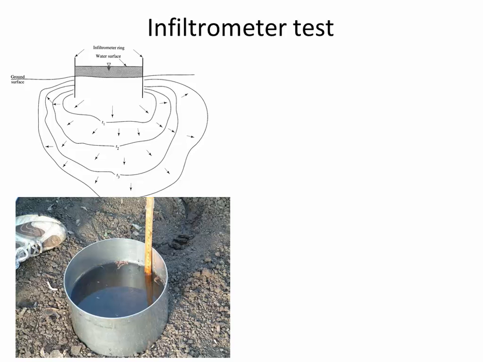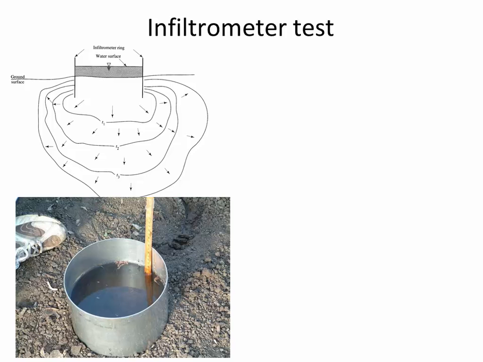But then what happens is you can do two different tests. You can constantly pour in more water, and so you're trying to keep the depth the same, and then just by how much water you're pouring in, you can determine how quickly the infiltration is occurring. And this cross-sectional view shows that, at time 1, the water has infiltrated outward and downward.